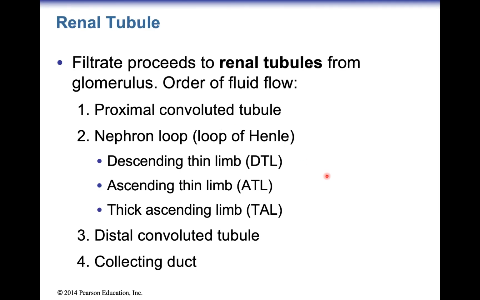So this is where we change gears a little bit and continue out of the glomerulus. Let me see if there's a picture. There's not. I'm going to draw this for you, and I highly suggest you draw this as well.